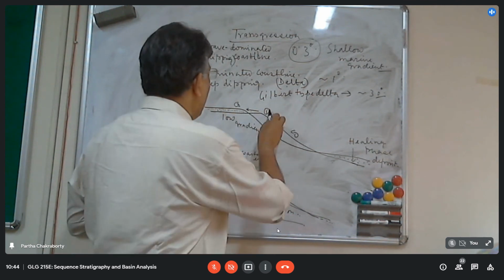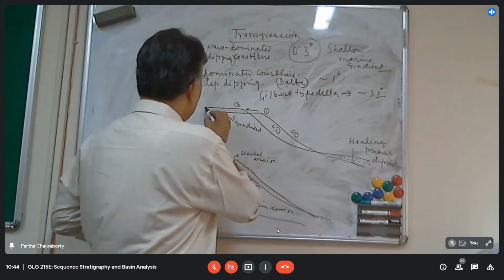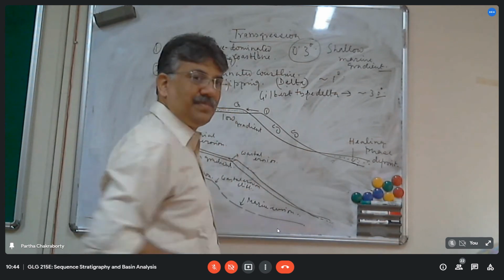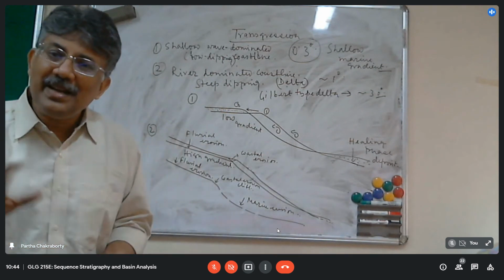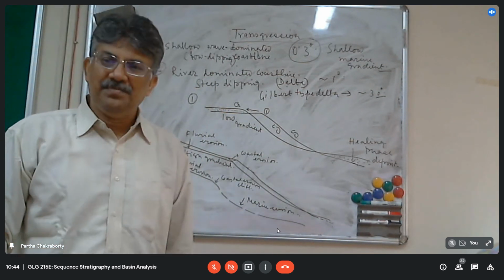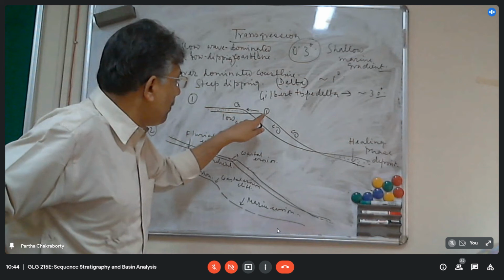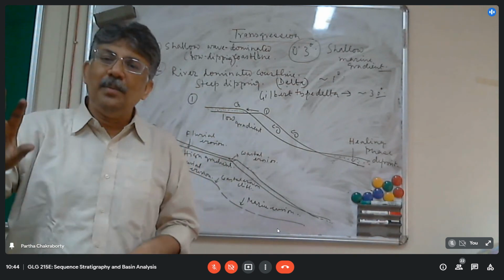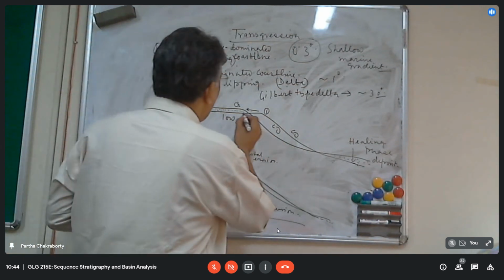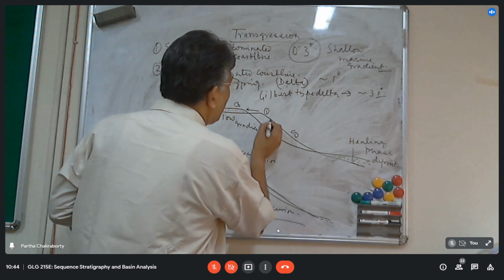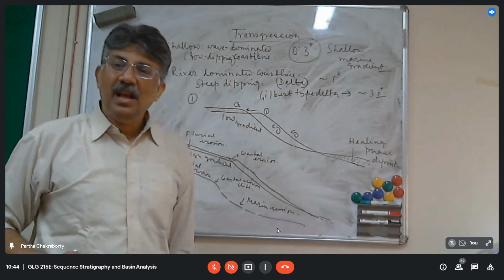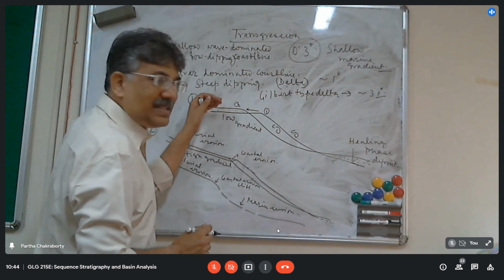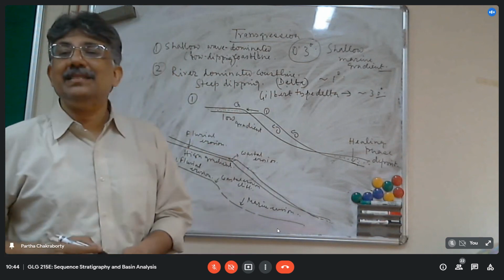So this is 1 and this is 2. Now the transgressive profile is this. As the transgression happened, the entire profile got disturbed, because earlier for profile 1, the prevailing wave condition was maintaining an equilibrium profile. But now, as you have a transgression, the entire profile gets changed.